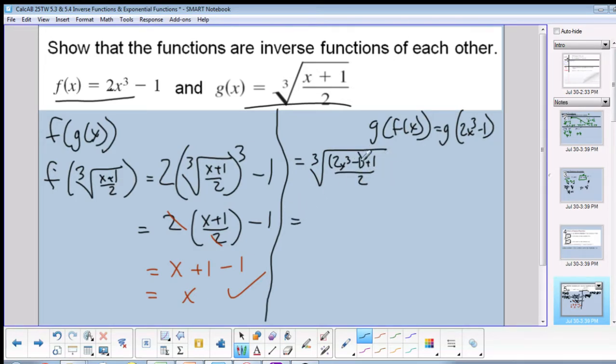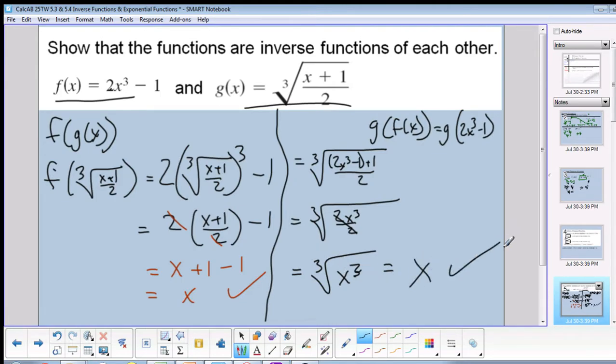Let's combine terms in that fraction. 2x cubed minus 1 plus 1, those cancel out, so I get 2x cubed over 2. The 2's cancel out, so I get the cube root of x cubed. The cube root and the cube cancel each other out, so you're just left with x. Hey, that works out. Cool.